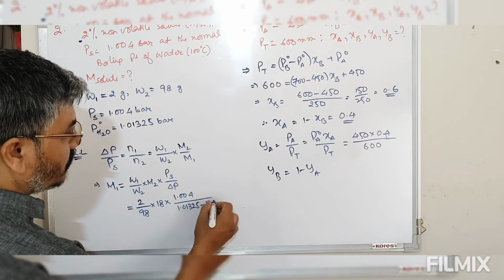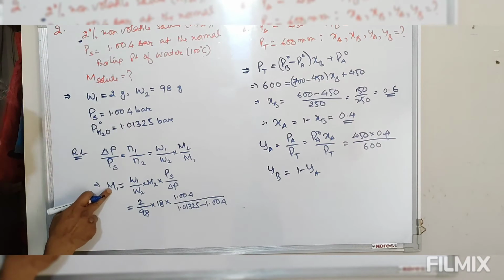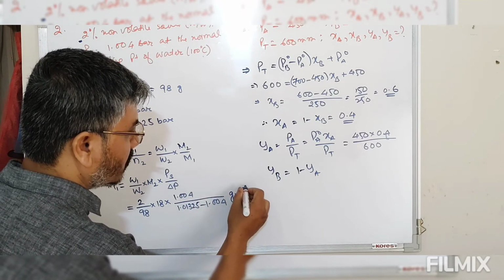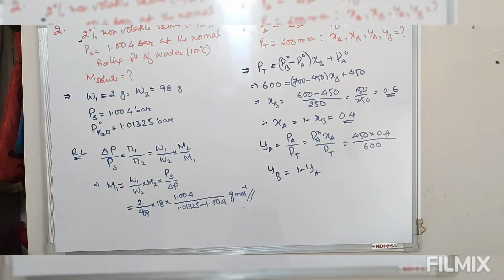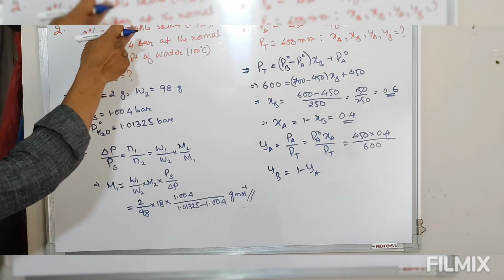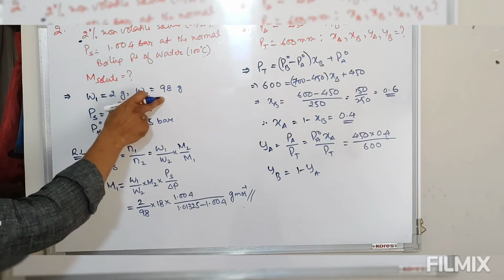1.01325 minus 1.004. Since this is in gram, we say this is gram per mole. The point that we have to keep in mind is first the use of this percentage, that is mass by mass, so the mass of solute and mass of solvent is defined.